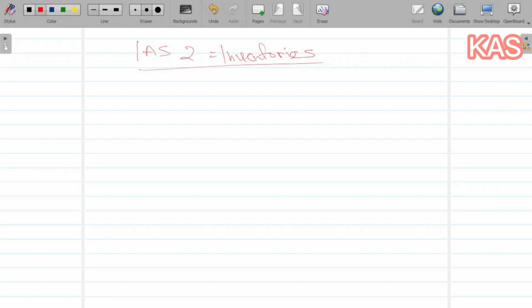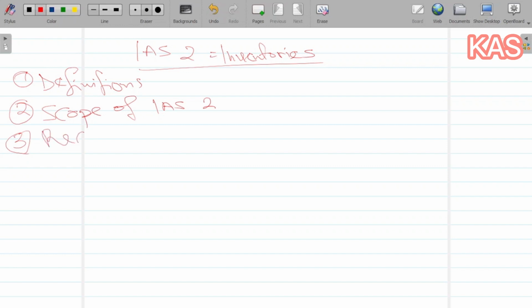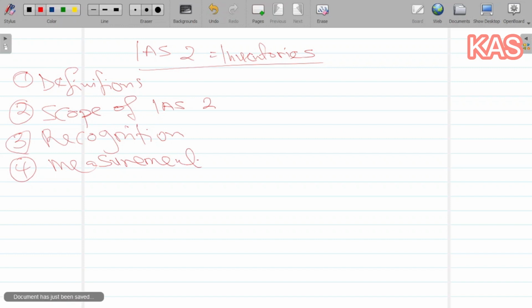Under this IS2, we are going to look first at definitions, then secondly the scope of the standard, IS2, then the recognition, measurement, and then we'll also look at the cost of inventory.